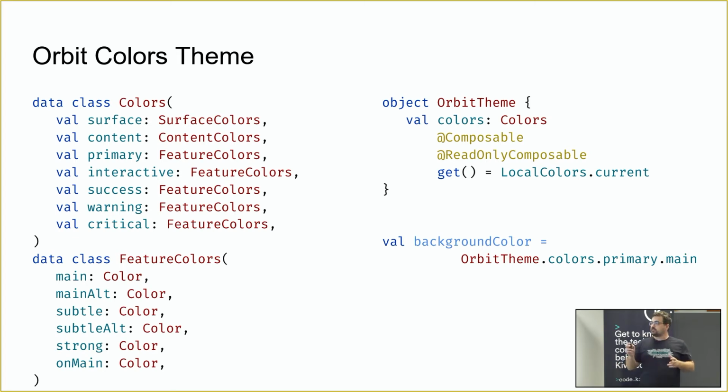We are making some tree structure here. The top class is colors, and we have sub-feature colors which reference those specific colors for many semantic use cases like success, warning, critical, and so on. And when you are using those colors, we are directly referencing Orbit theme colors. There is no material in the way.